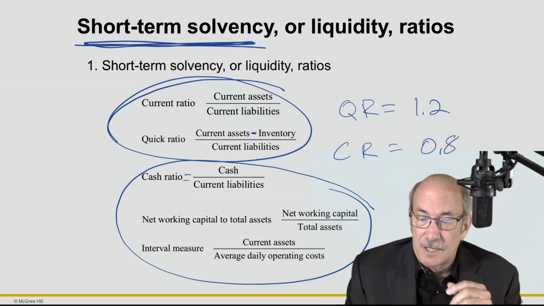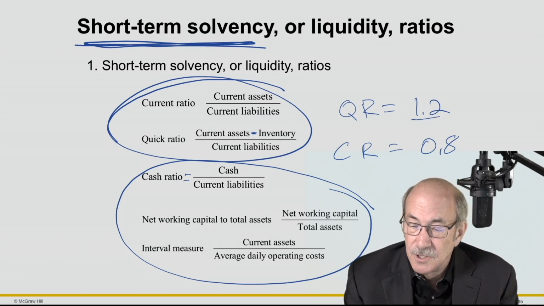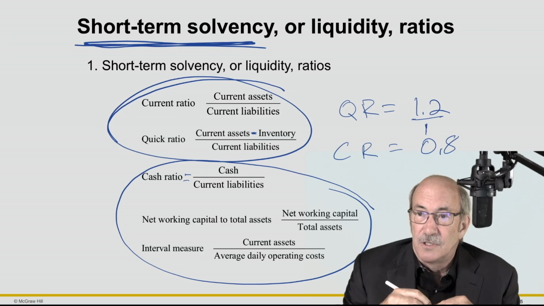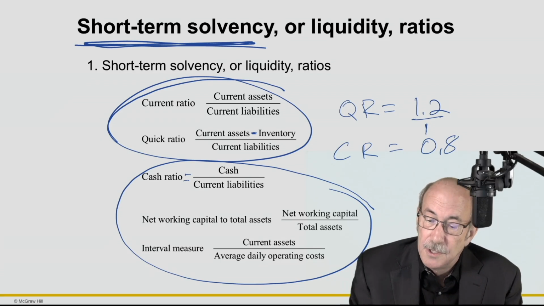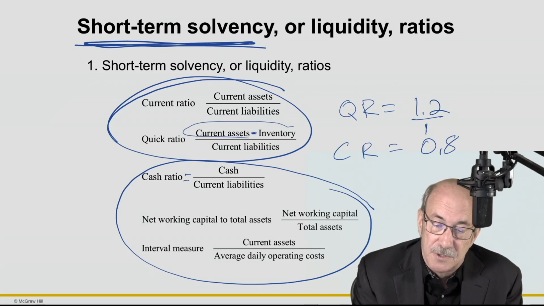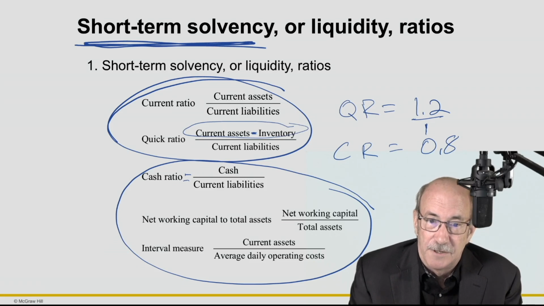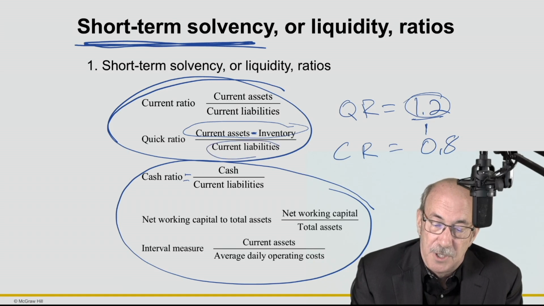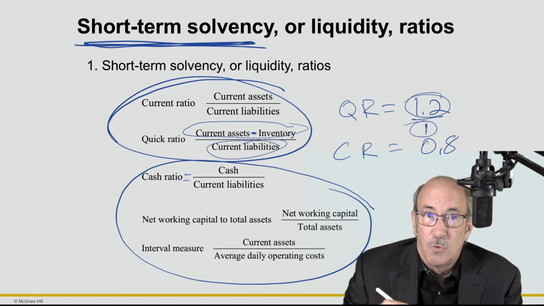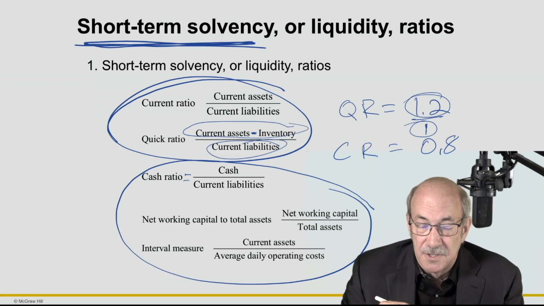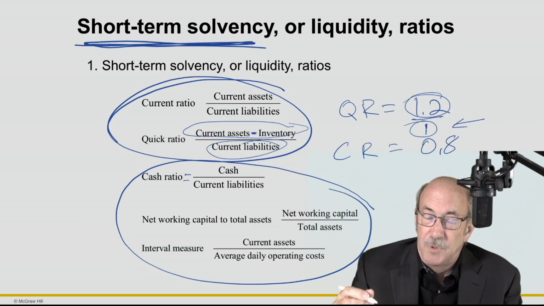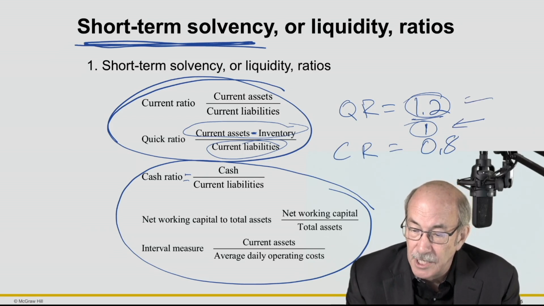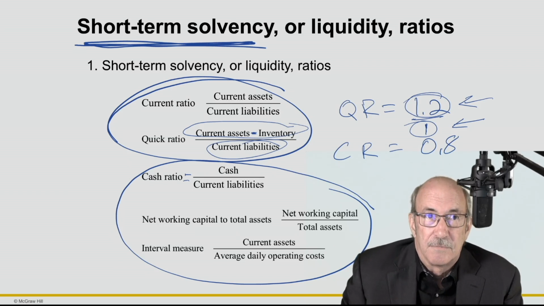Well, I always like to think about this as there's that latent denominator in here. So it's really 1.2 over 1. So the numerator is current assets subtracting off inventory. So that's 1.2. And current liabilities is basically a 1 in here. So what this means is that for every dollar's worth of current liabilities, we have $1.20 worth of current assets.